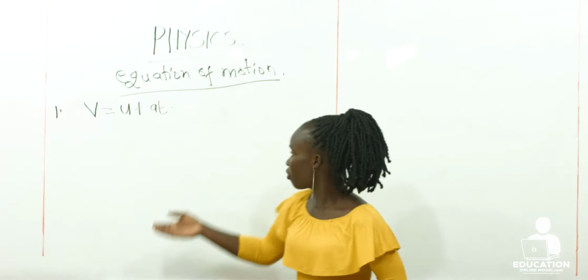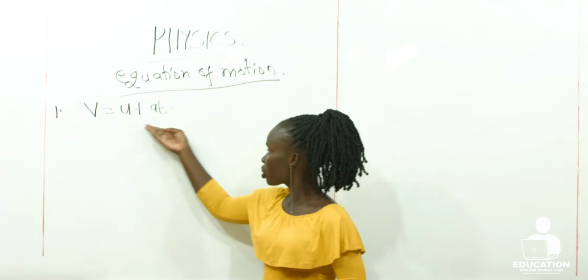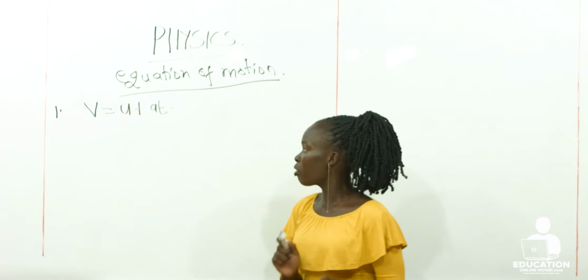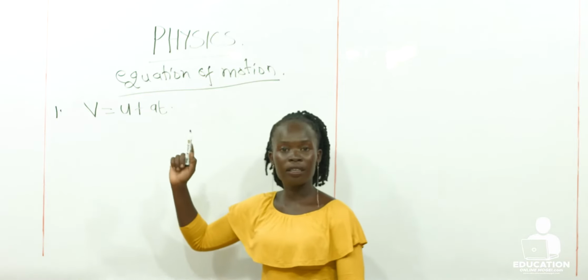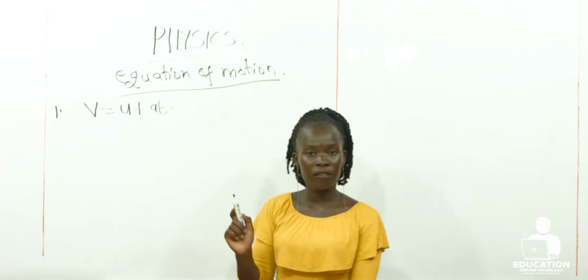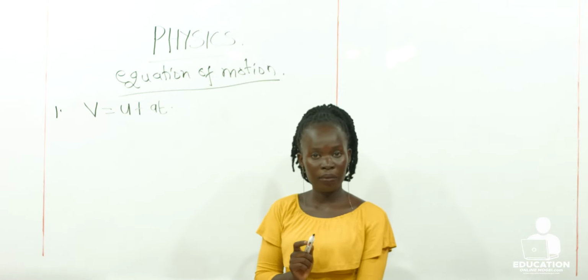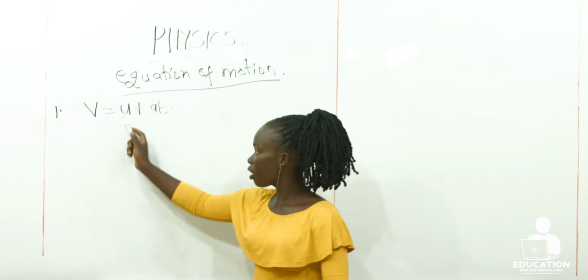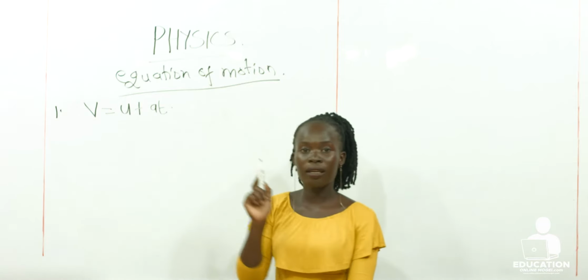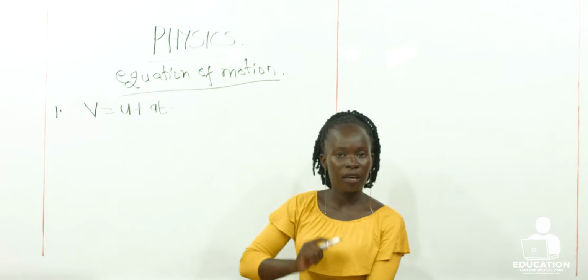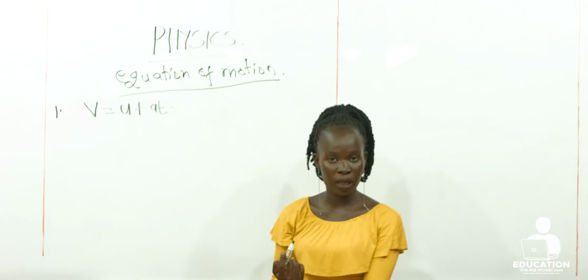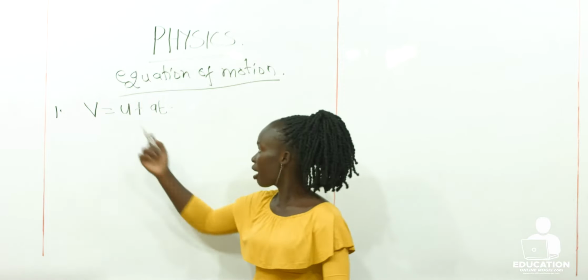If you look at this equation here, in our previous lesson we said V is a letter given to the final velocity attained by a body. If we talk about the U, we're saying that it is the initial velocity. The velocity that the body starts moving with is what is known as the initial velocity.